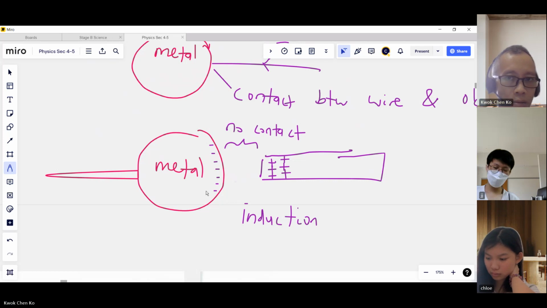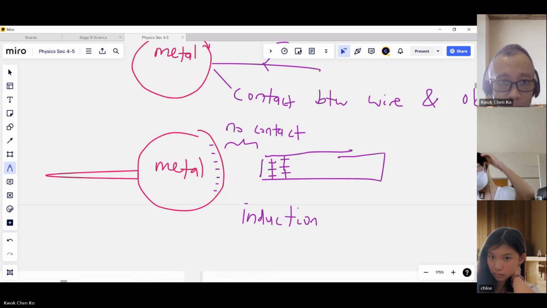So basically they are opposite. However, at the same time, this whole metal ball is a conductor, remember? So for this side to be negative, the opposite side becomes positive.